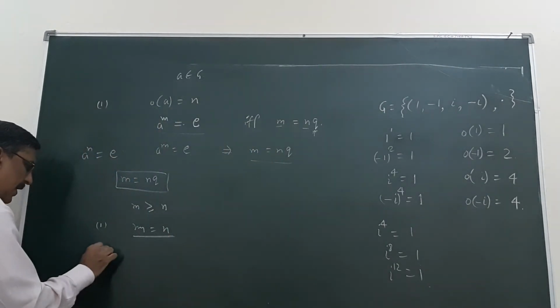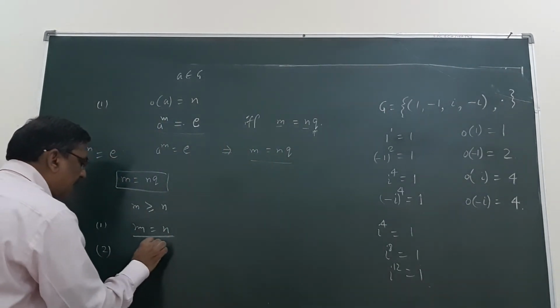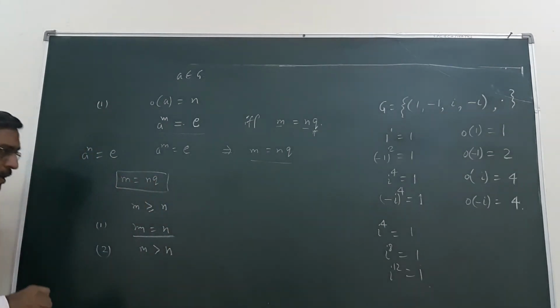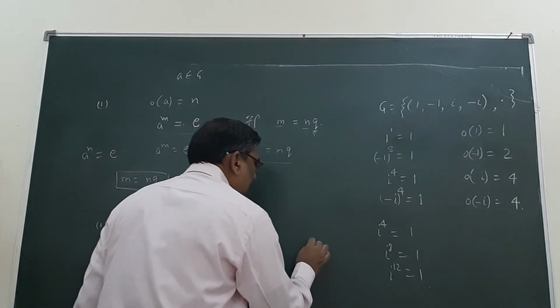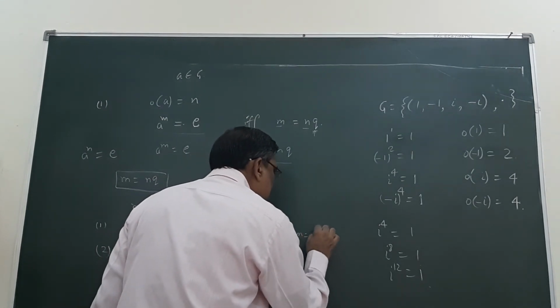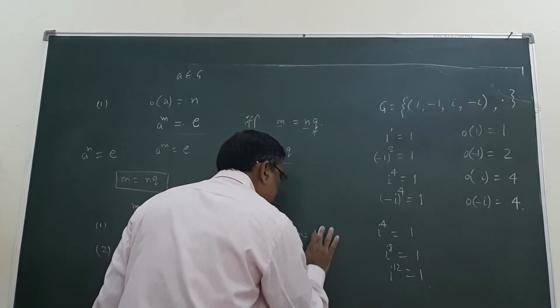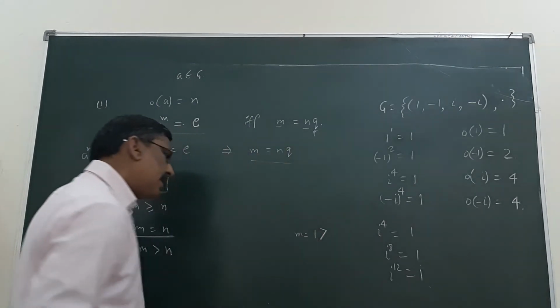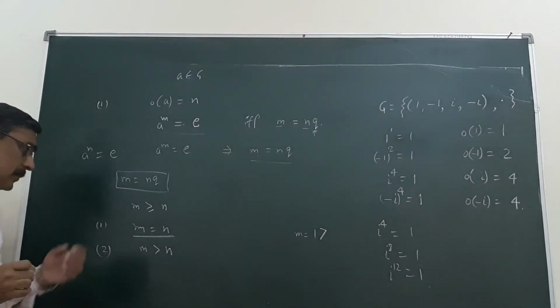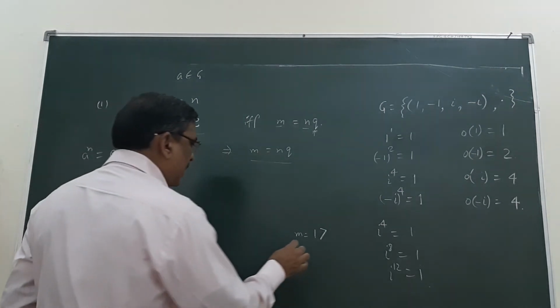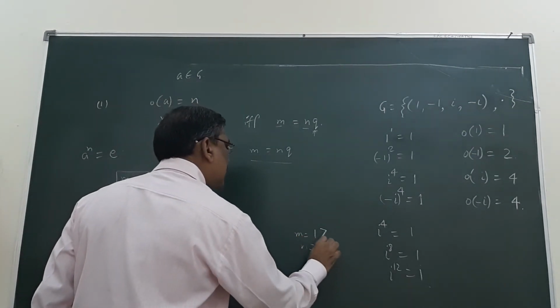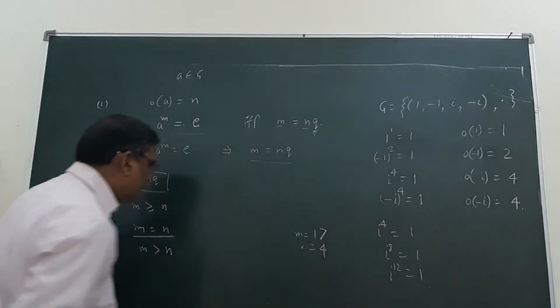Second, if m is greater than n, say m is equal to 17, and n is equal to 4 in this case.